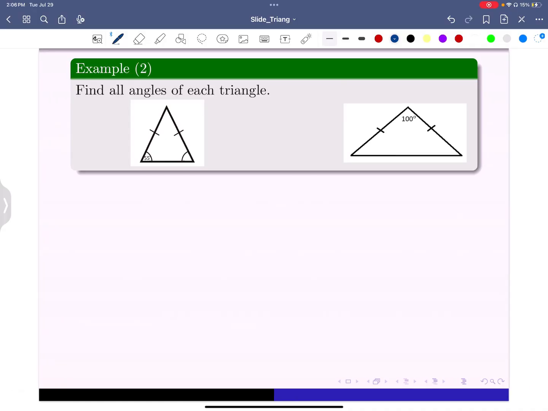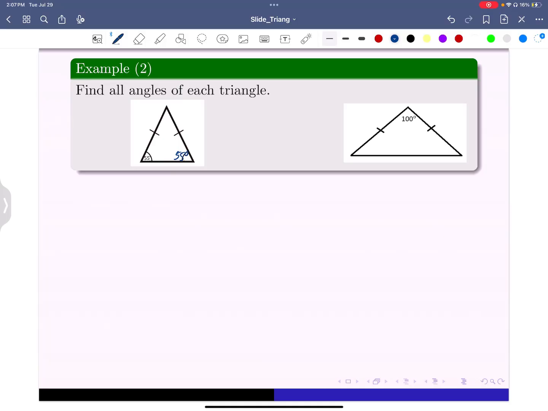Find all angles of each triangle. This is an isosceles triangle. We know that an isosceles triangle's base angles are equal. So if this angle is 55, then this angle is also 55.